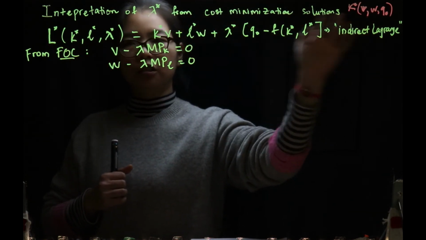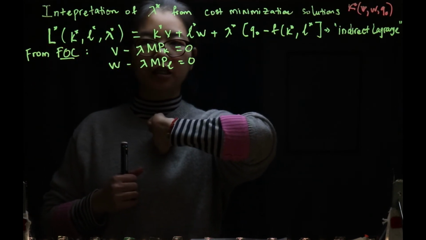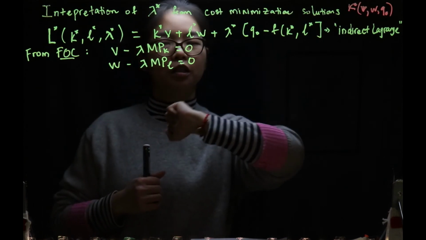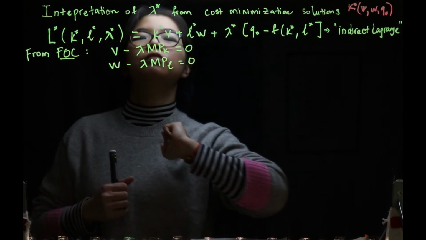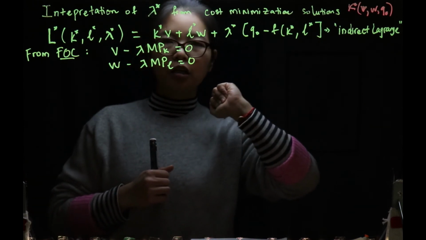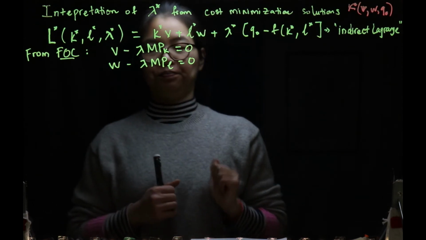Using these functions, we plug them back into the original objective function or the Lagrange, and we get an indirect objective function. The indirect objective function in this case is the cost function. Keep that in mind.